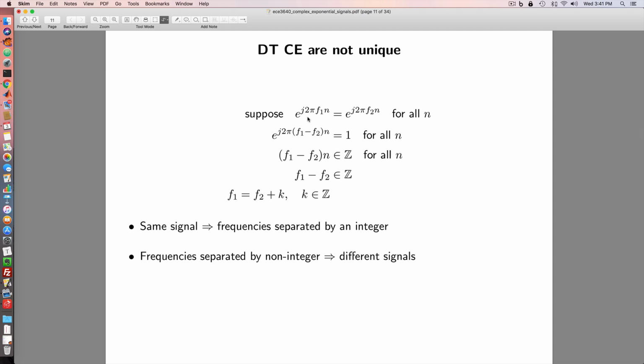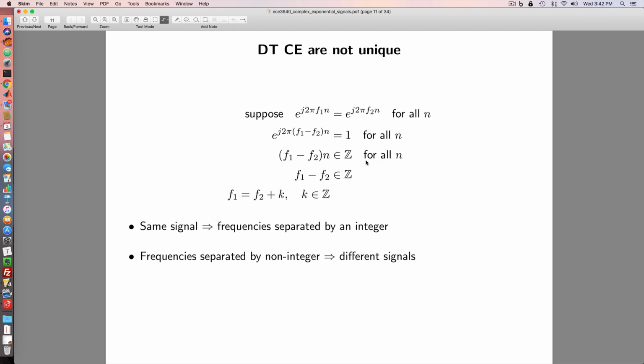Let's take a look. Let's suppose we have two discrete time complex exponential sequences that are equal for all n, and let's set those equal to one another and use a little bit of algebra. We end up with a similar sort of constraint that the argument without the 2 pi has to be an integer.